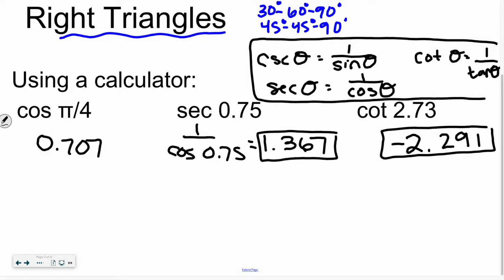And we'll be doing things like verifying, proving, simplifying, and we're going to make substitutions. Like if I see a cosecant of theta, I can write it as 1 over sine theta. Okay? And then I can simplify from there. Okay. Any questions about the calculator? We will get to those inverse functions next week in 4-7. Okay, we're not there yet.